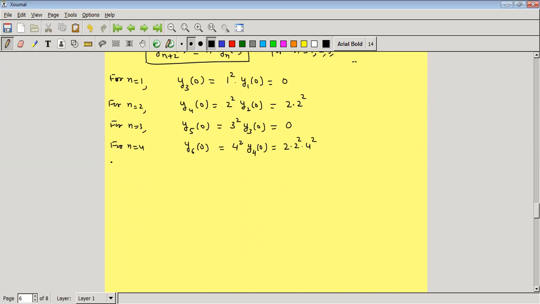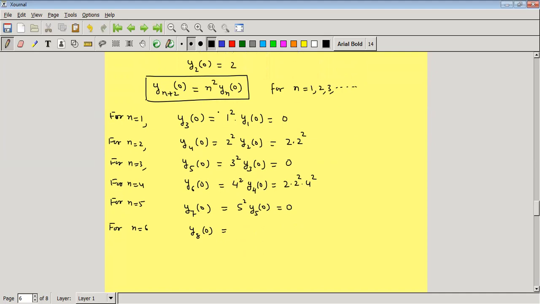Now for n equal to 5, y7(0) is 5 square into y5(0), and that is equal to 0. For n equal to 6, y8(0), we put n equal to 6, so 6 square into y6(0), and y6(0) is this term.